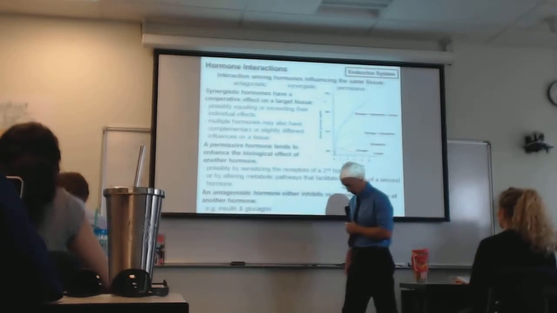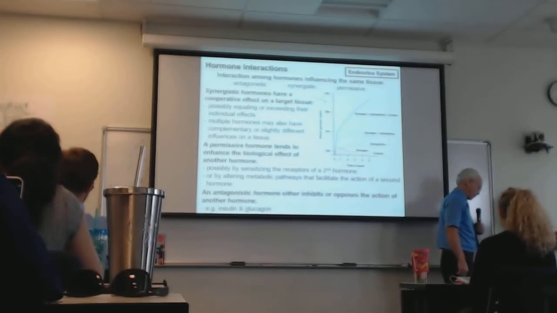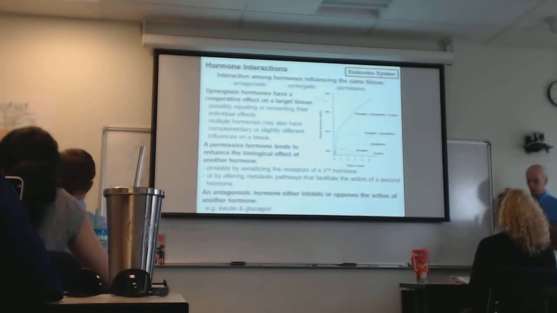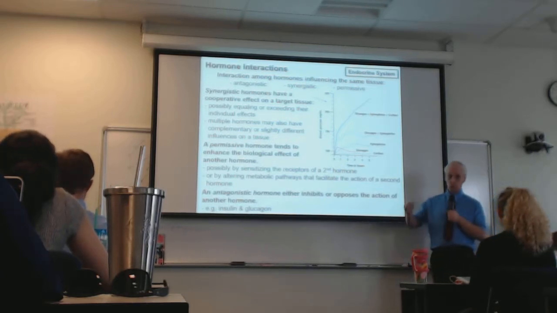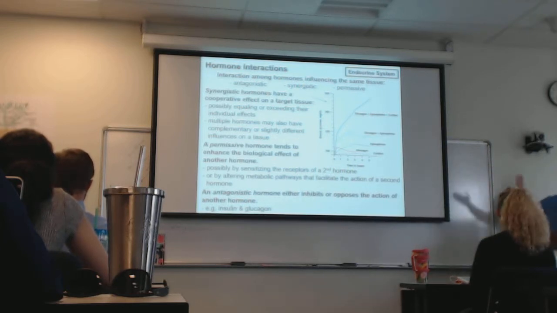Another hormone may lower the concentration of calcium. One hormone may promote growth and development, cellular differentiation, and so on. Another hormone may act to inhibit that. So antagonistic hormones have more or less opposite effects. They're not always complementary in that regard.